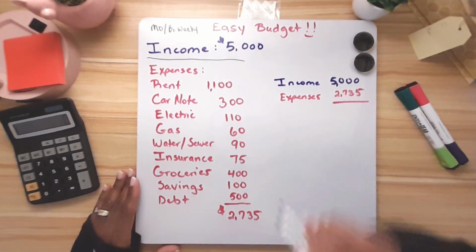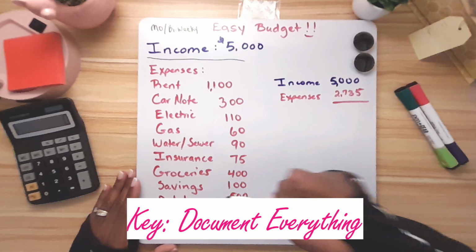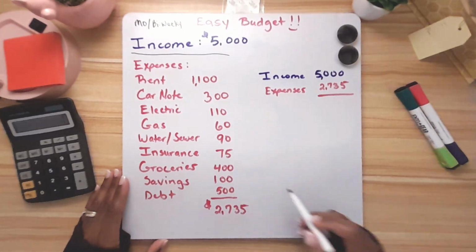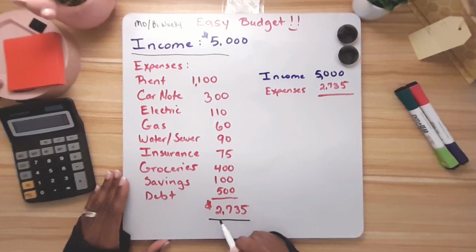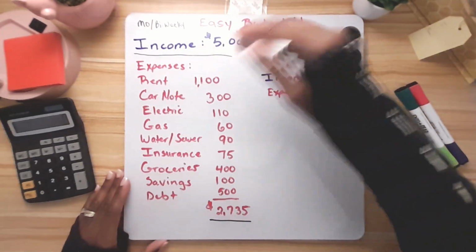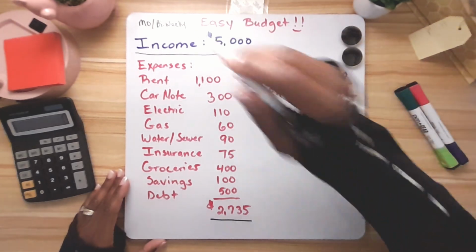But the key is to document everything. So make sure you write down every single expense. And in this example we have here, we have a total expense amount of $2,735.